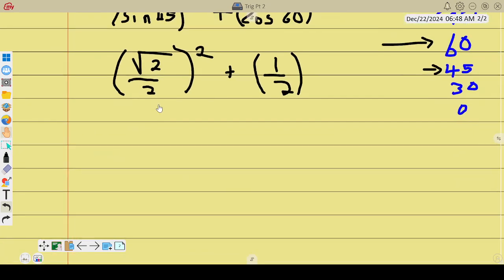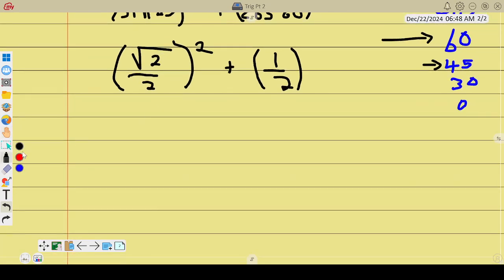Okay, so from here you just have to simplify. Root 2 squared is just 2, because the square will cancel out with the power, and then this 2 squared is 4, plus, here I forgot to put a square, so 1 squared is 1, over 2 squared is 4.